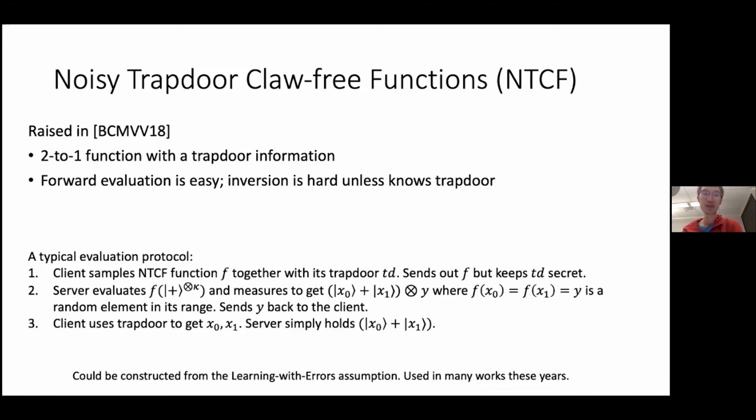And the client could use the trapdoor and function output y to invert the function and get x0 and x1. So the client could get both, but the server only holds the superposition of these two strings, which means it could only get one by measuring it, but not get both. So this is one assumption.